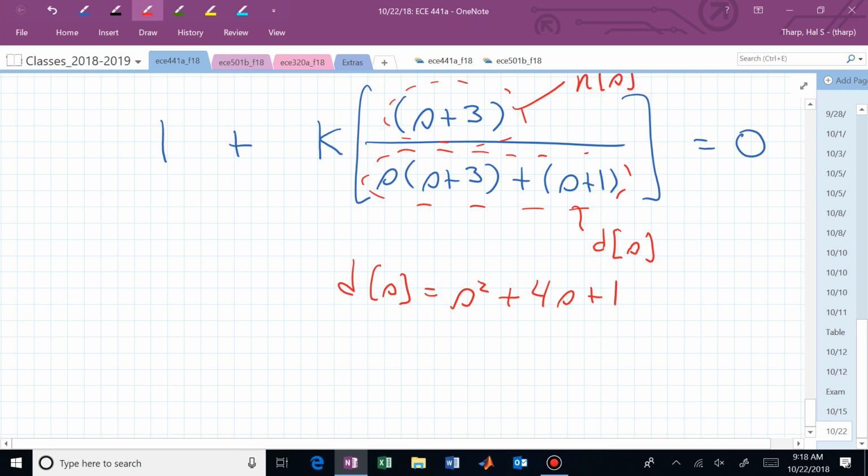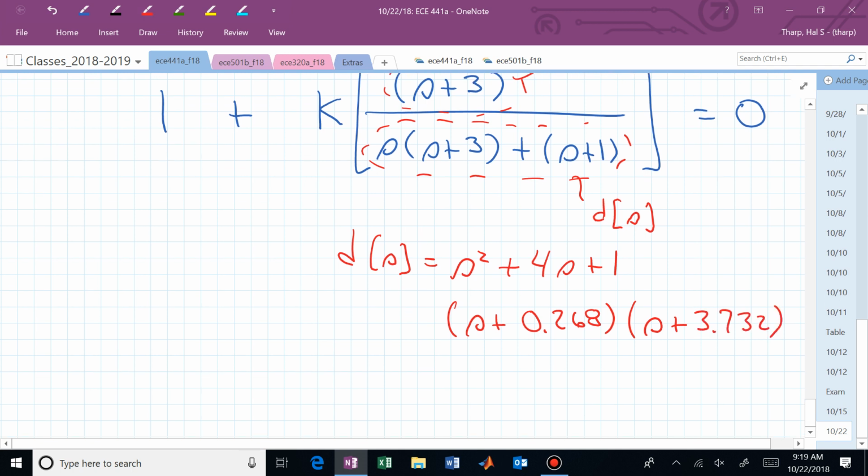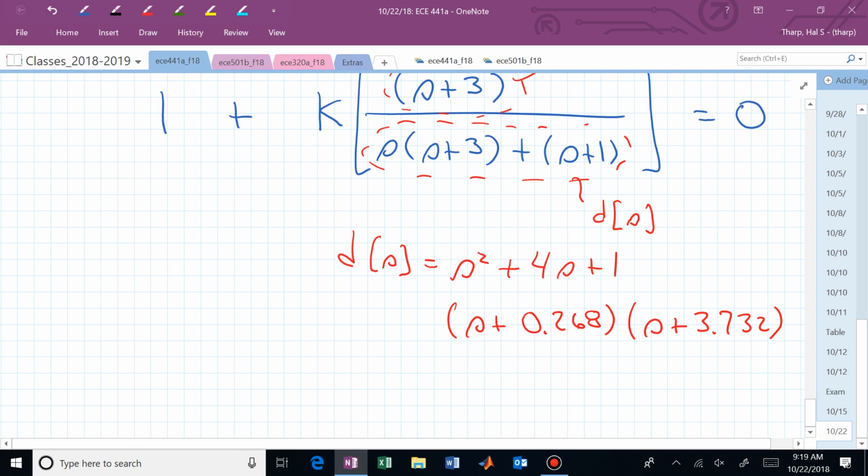And in fact, if you did factor this, you would see that its factors are s plus 0.268 and s plus 3.732. So a little bit more than a quarter and a little bit less than 4. But you now have two real poles at minus 0.27 and minus 3.7 associated with d of s.